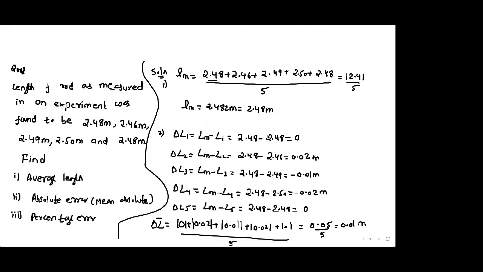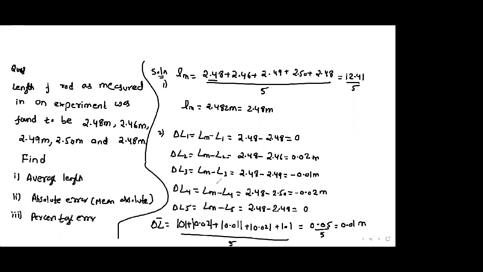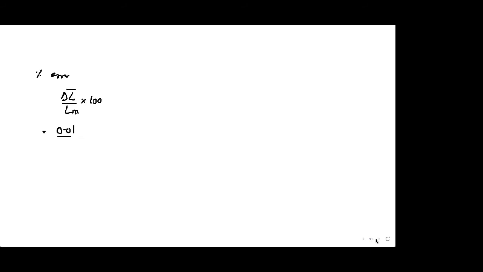Now, if you want to calculate percentage error, it is the mean absolute error divided by the mean value multiplied by 100. The mean absolute error is 0.01, the mean value is 2.48, multiplied by 100.